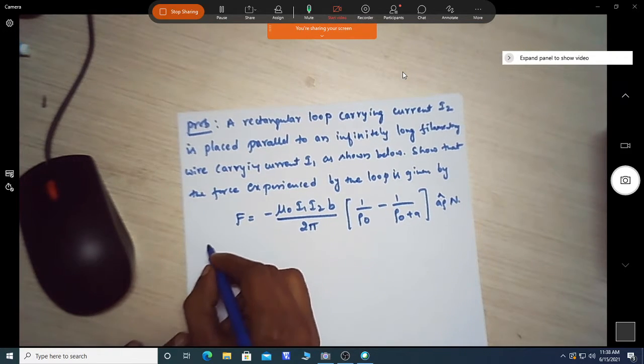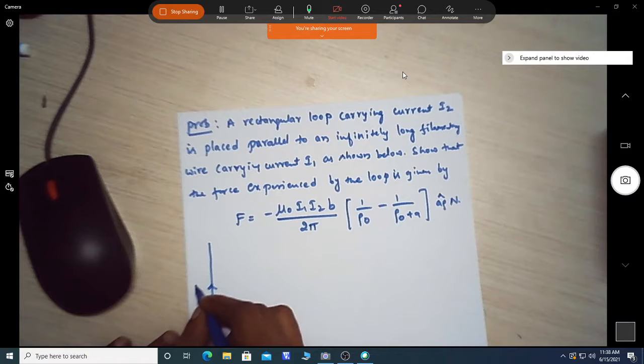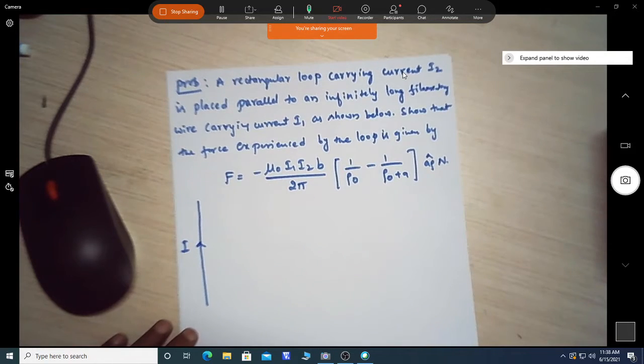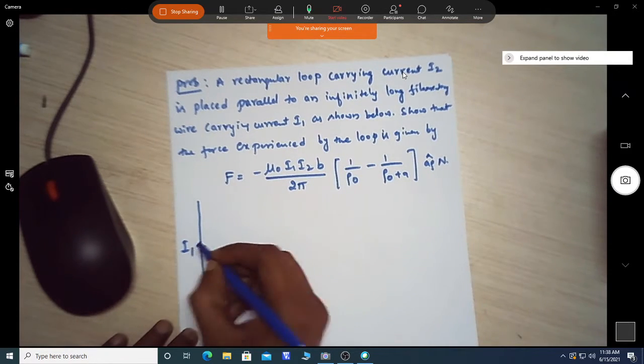The figure which is given shows the infinitely long current carrying element having current I1.